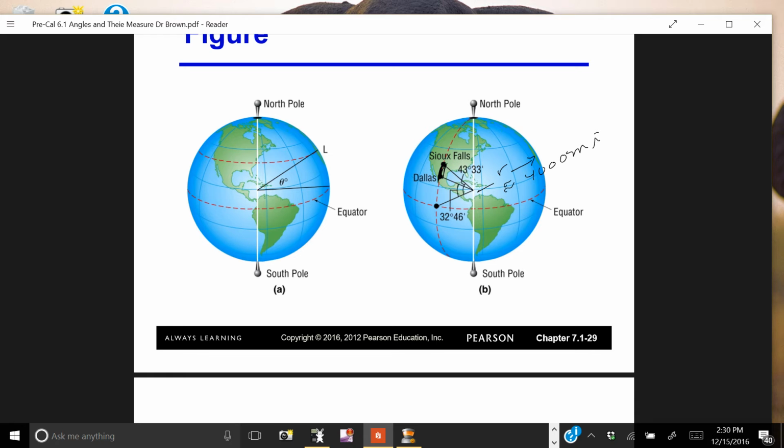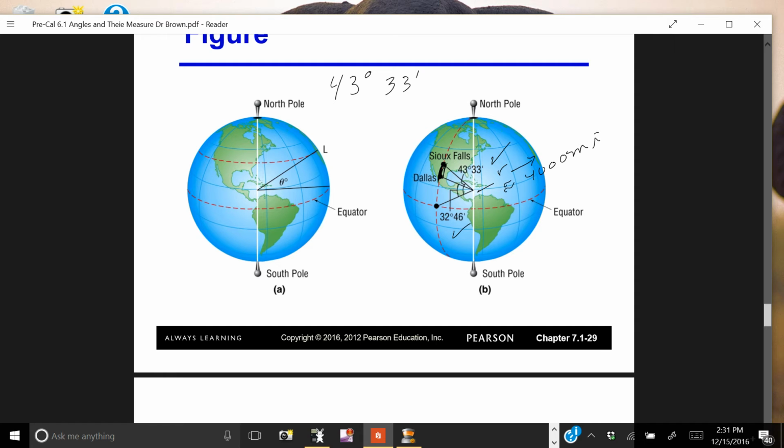If they are at roughly the same longitude, in other words, on the same longitude line, and say Sioux Falls was 43 degrees 33 minutes, and Dallas was 32 degrees 46 minutes, we would figure out that Sioux Falls is 43 degrees 33 minutes, and we're going to subtract the two to figure out how many degrees there are between Sioux Falls and Dallas.